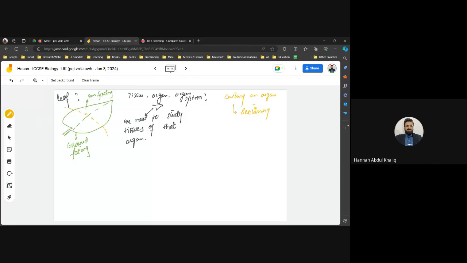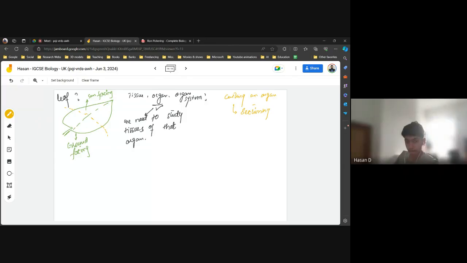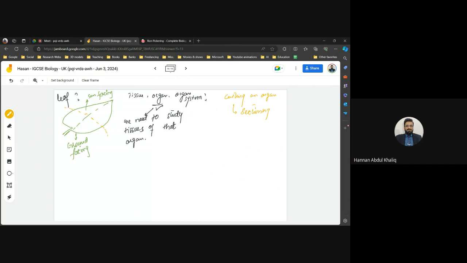And there are two major types of sectioning. Can you hear me properly? Yes. In one type of sectioning, we have an object like this, and we'll be cutting it perpendicularly from its plane. This is the plane, and we'll be cutting it perpendicularly.